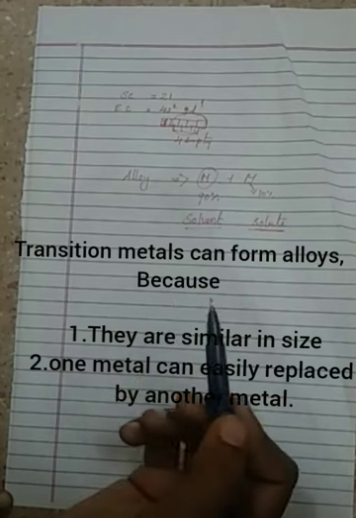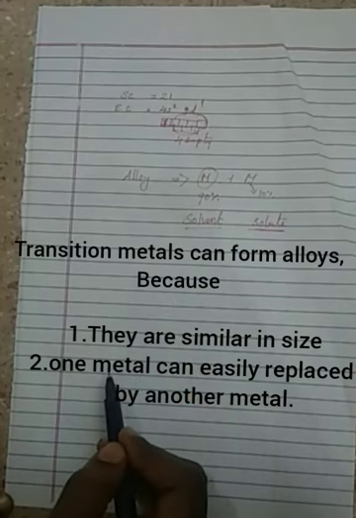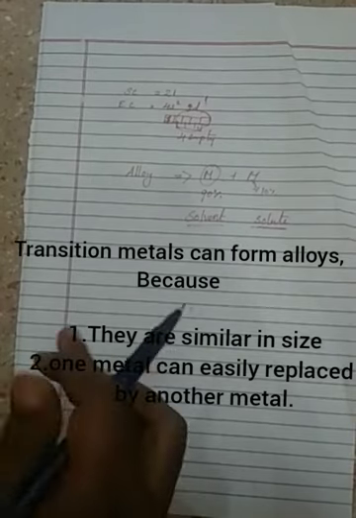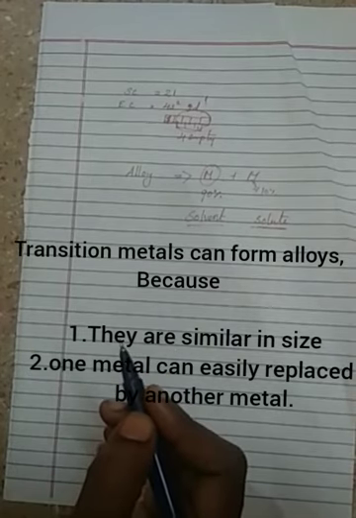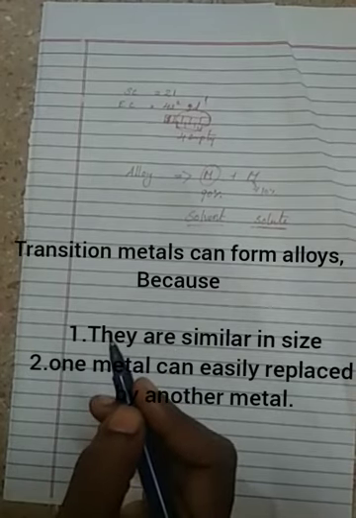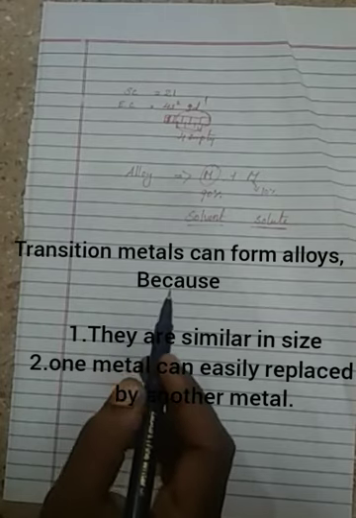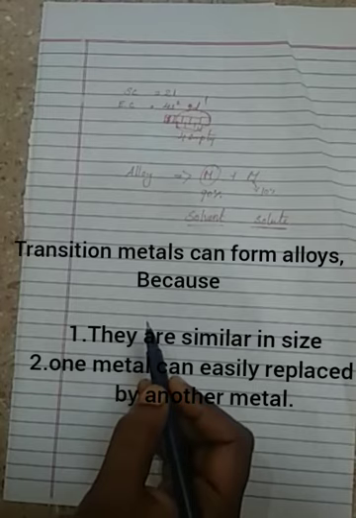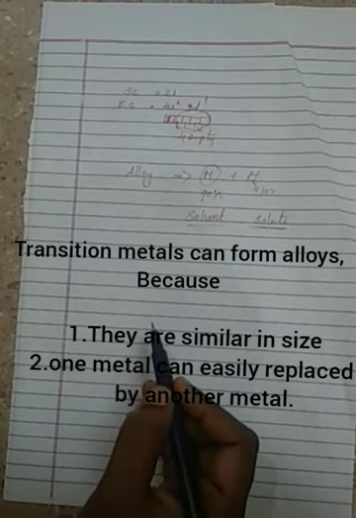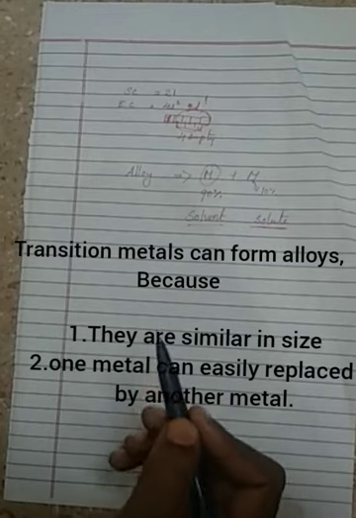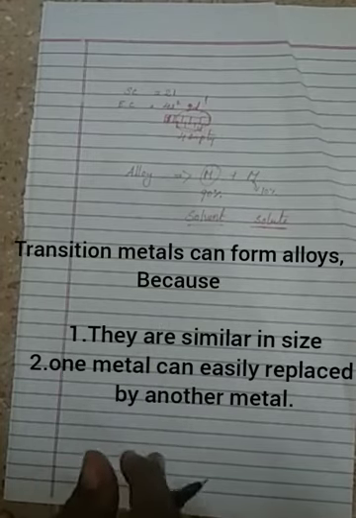Why do transition metals form alloys? That is because of the d block elements. Transition metals are similar in their atomic size, and one metal atom can be easily replaced by another metal atom.